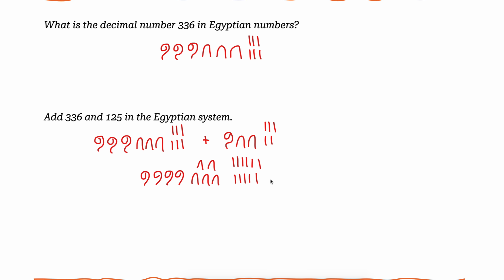Just like we regroup, they would do regrouping. So you could take 10 of these ones and turn them into a 10. So that gives us our 400 still. Now we're going to have 6 tens because we're regrouping.